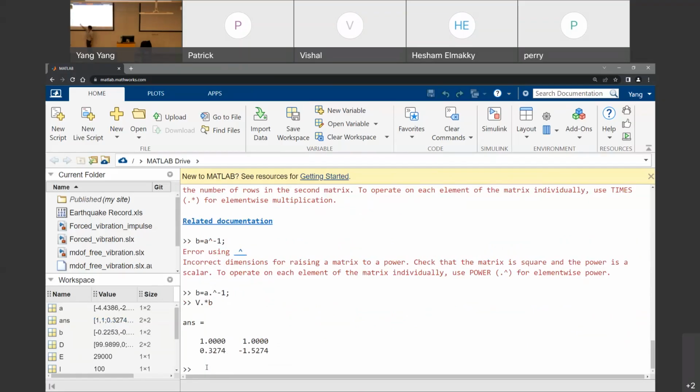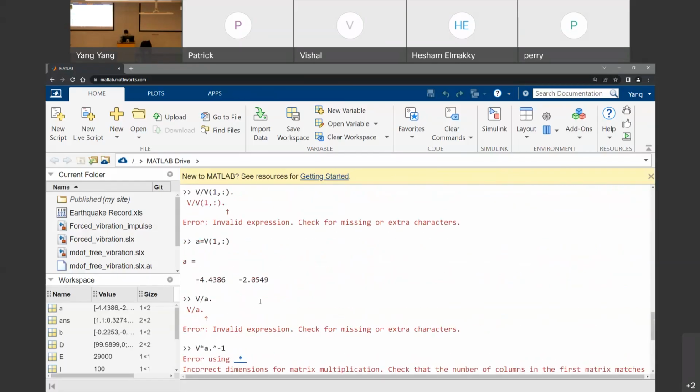I just made the first rows, both of them, equal to 1, so that the second row will be the ratio for the second. So are those mode shapes consistent with what we have? And that's how you can use MATLAB to find the mode shapes and natural frequencies directly. Any questions up to here?